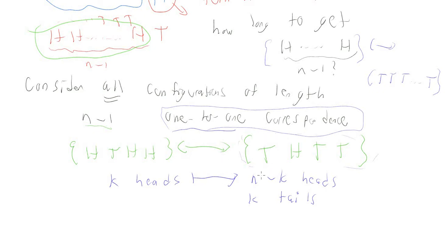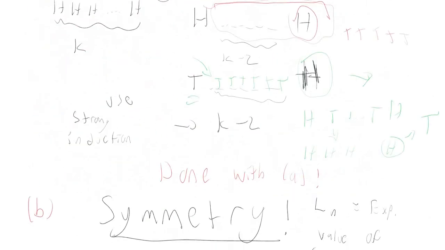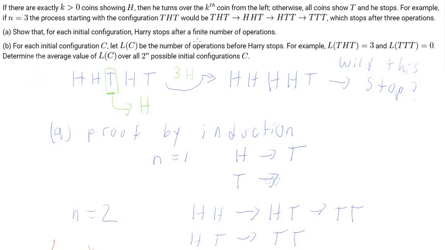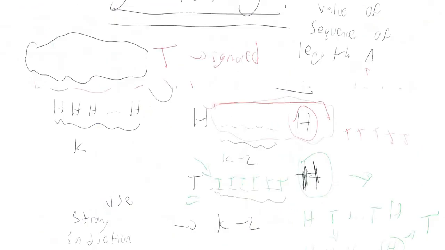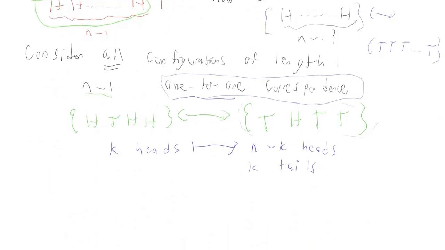We're going to play a new game where, instead of counting the number of heads, we count the number of tails in the configuration, and then we flip that, because the tails over here one-to-one correspond with the heads over here.